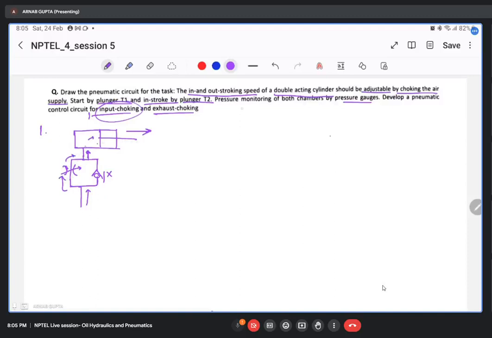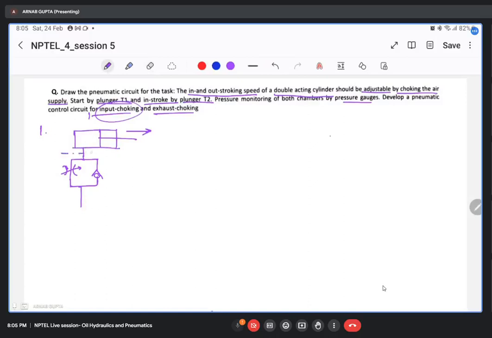And I will just remove these arrows. Generally, you don't require arrows in these pneumatic circuits.